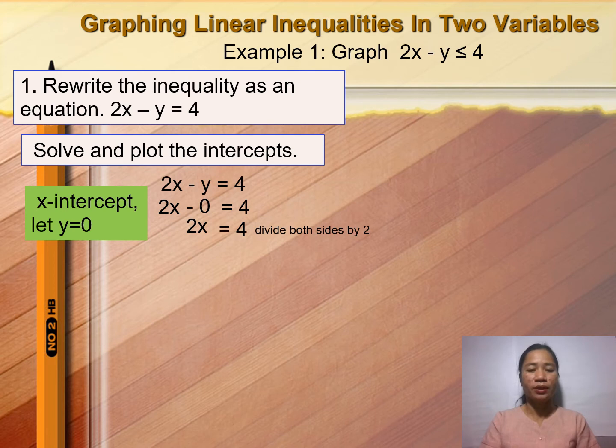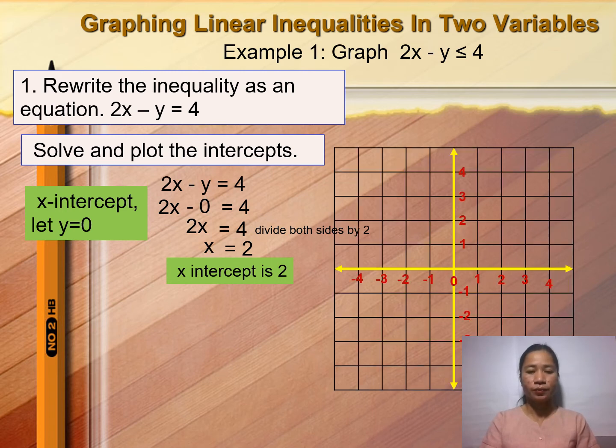Divide both sides by 2. We have 2x divided by 2 is equal to x, and 4 divided by 2 is equal to 2. Therefore, our x-intercept is 2. So the line crosses the x-axis at (2, 0).